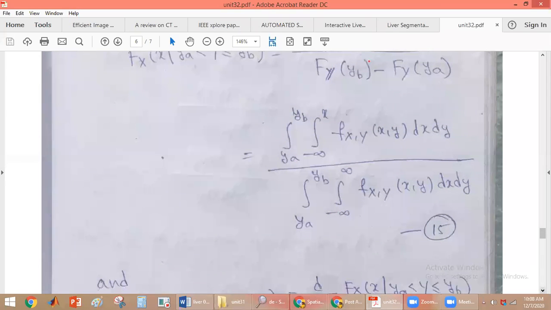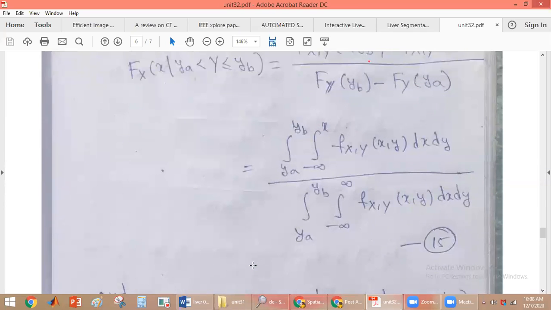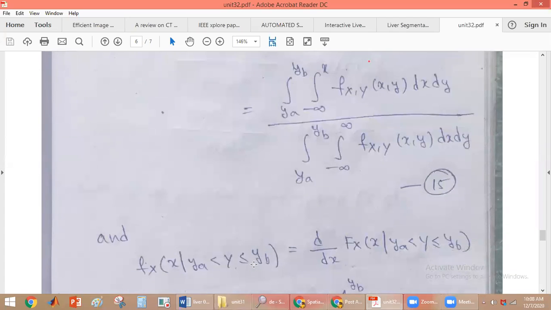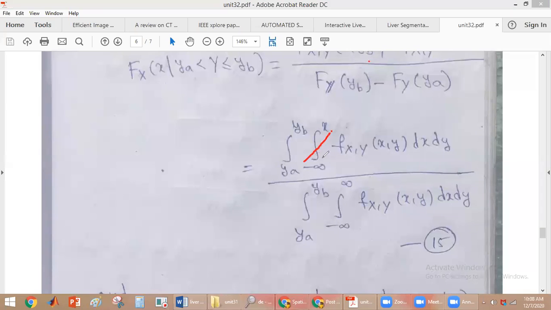Now this is the distribution function. What is the density function? The density function is the derivative of the distribution function. If you differentiate this with respect to x, the integral with respect to x will be eliminated, so we will have the integral only with respect to y.